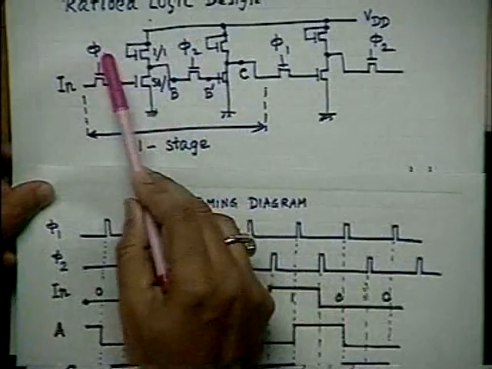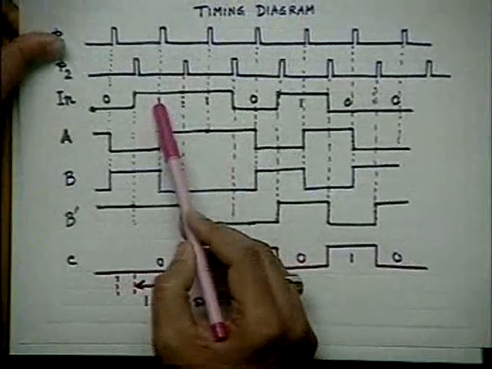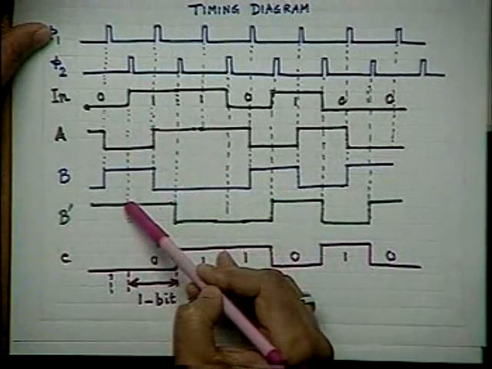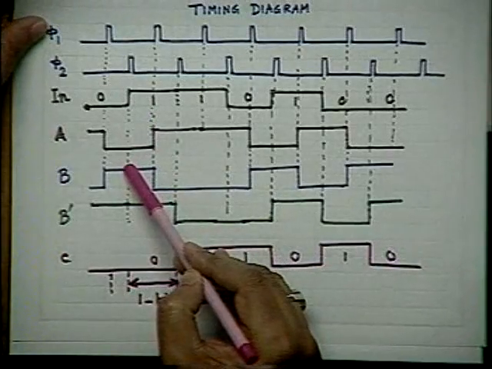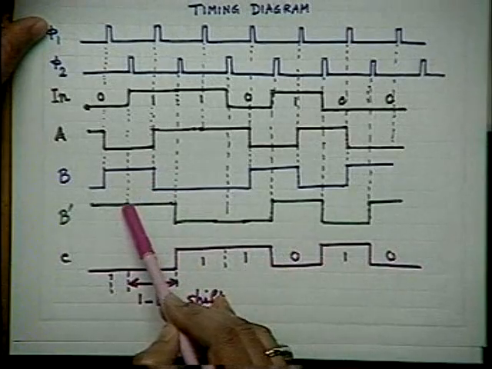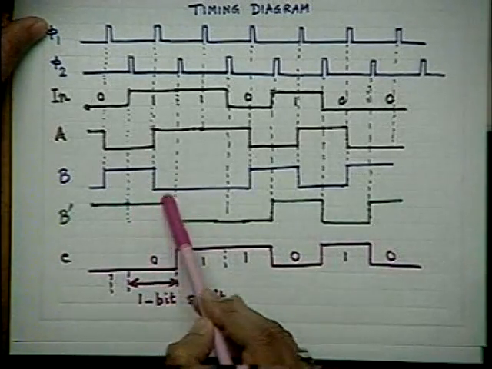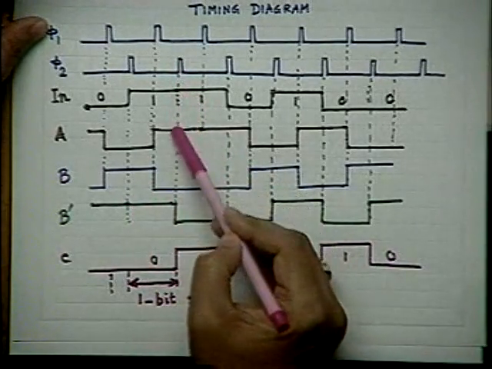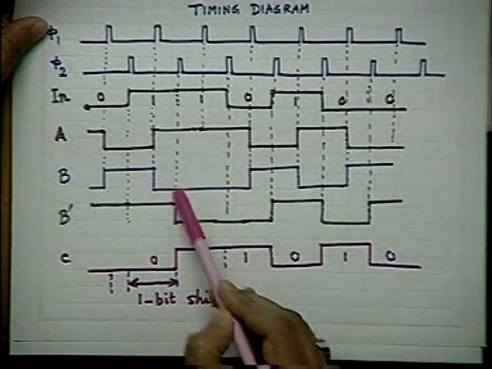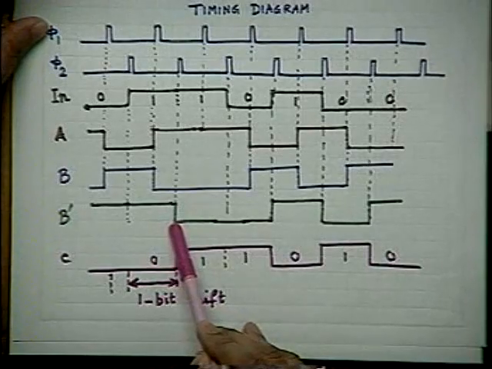So at this transition of phi 2, B is high, so B dash will also be high. And it will continue till the next clock comes, when B is now 0. So automatically B dash will also be 0.